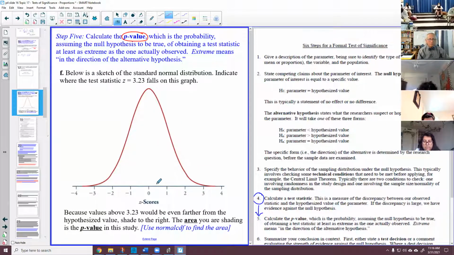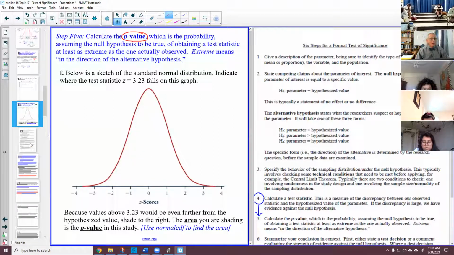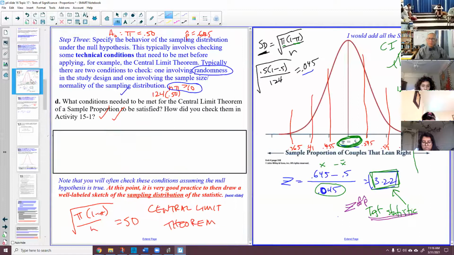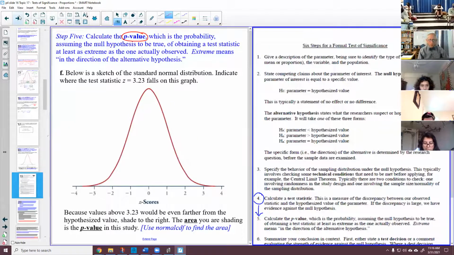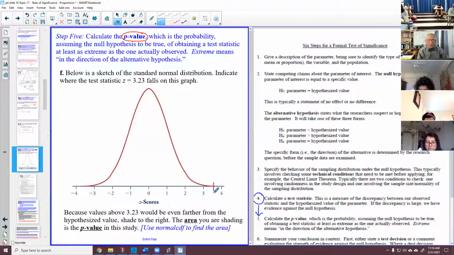So, you know what? I like my diagram better. I'm going to use my diagram. So here's, I don't know, my diagram's looking a little bit crowded now. I think I'm going to change my mind. I'll use their diagram. We know that our test statistic is way out here at 0.645.